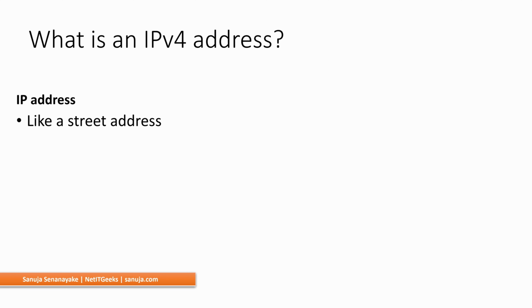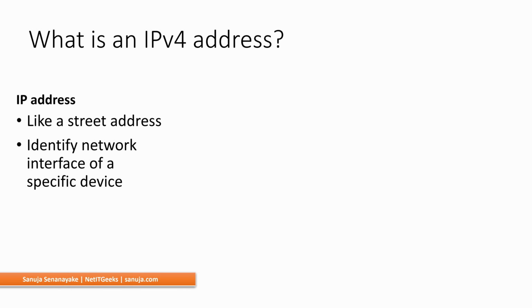It basically identifies the network interface of a specific device. Some people think an IP address identifies the device itself, but actually an IP address only identifies the network interface of that specific device.